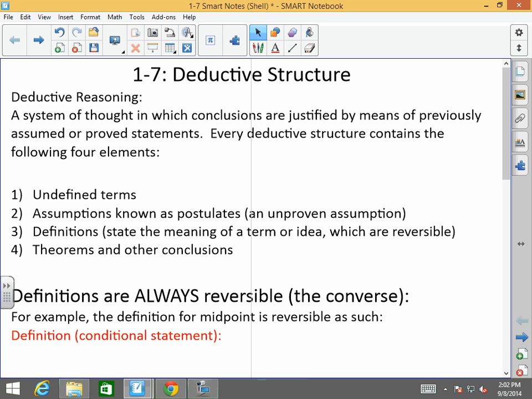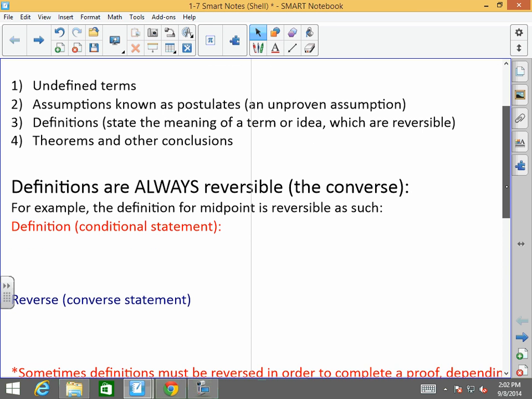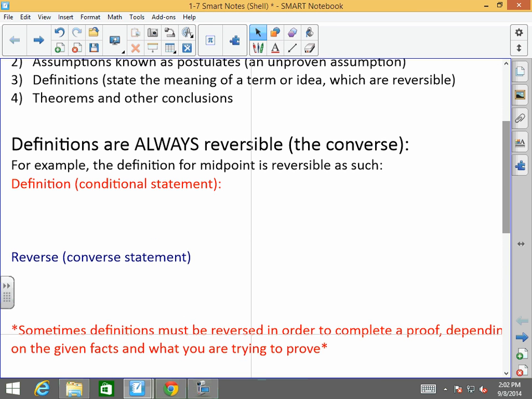So let me show you an example of that, if I may. For example, the definition for a midpoint is reversible as such. First, I'm giving you in red, it's called the conditional statement. The conditional statement is basically your definition. Okay? That is what's called a conditional statement. That's what starts everything off, a conditional statement or definition.